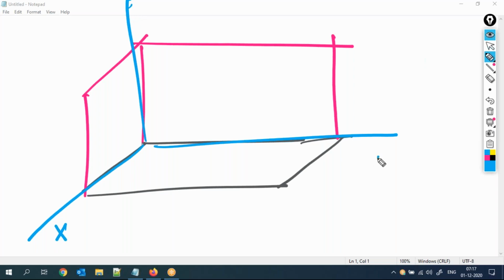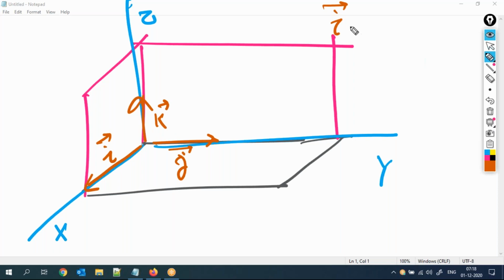X, Y and Z. The unit vectors, whose length is 1, are called i, j, and k. So what is i? i equals the unit vector in the direction of X.